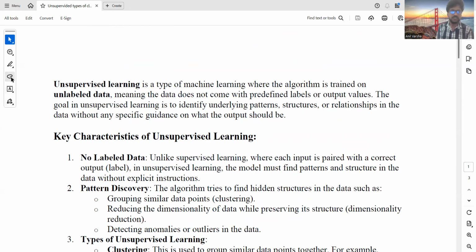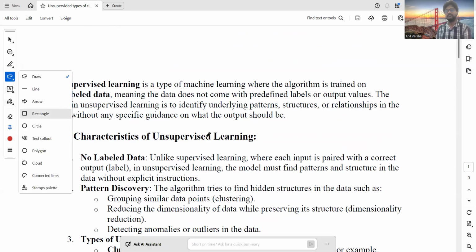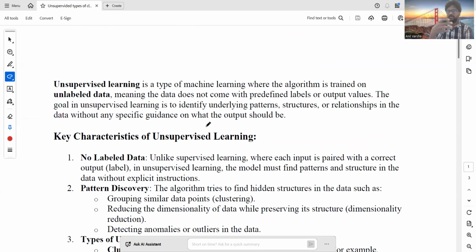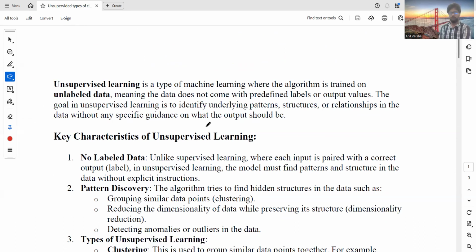Let us understand. In supervised learning, when we collect some data set, the data will be labeled. For example, I'm going to design a model which is going to identify the given image and classify it into either dog or cat.